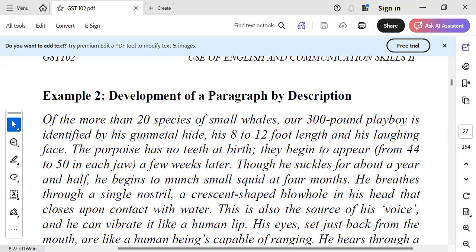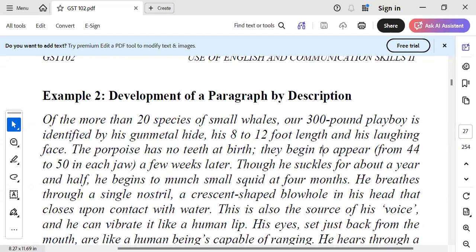Once you start seeing color, shape, sizes in a piece of writing, my dear, know that that piece of writing or that particular aspect is a description. Please put that in mind, because of all the things we are talking about under description, the most important thing is for you to be able to identify when a paragraph was developed using description or not, because that is what they will test you on. They will give you a paragraph, even in TMA, watch out. The questions will come out.